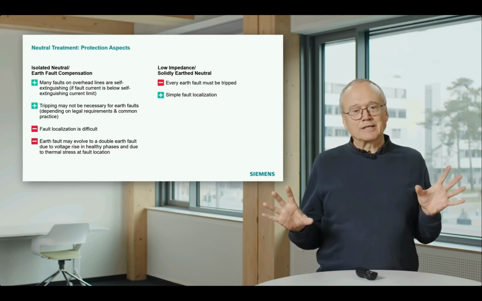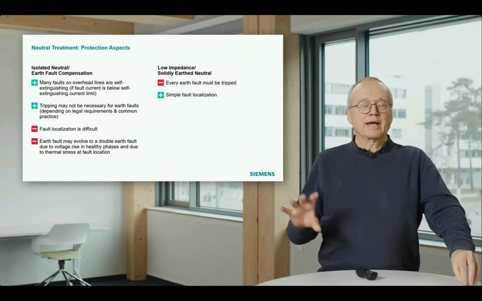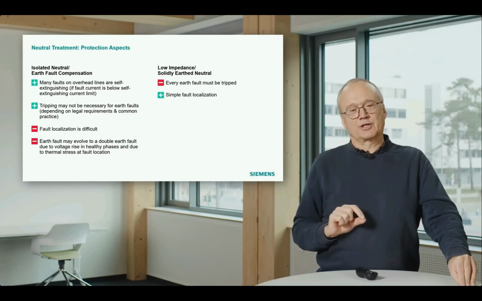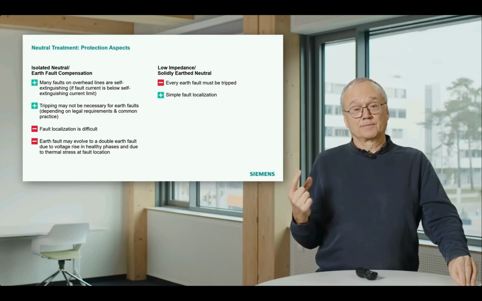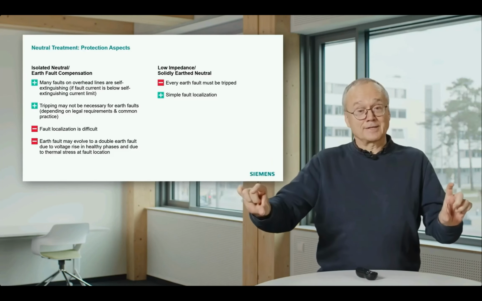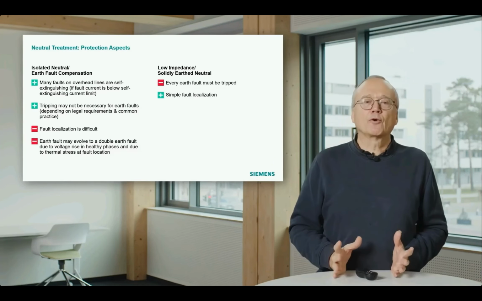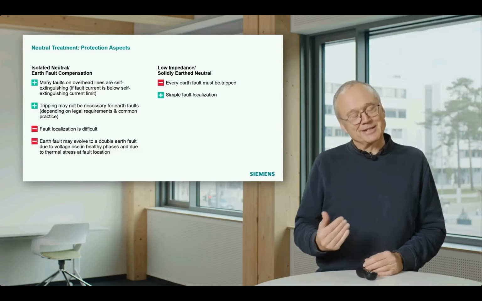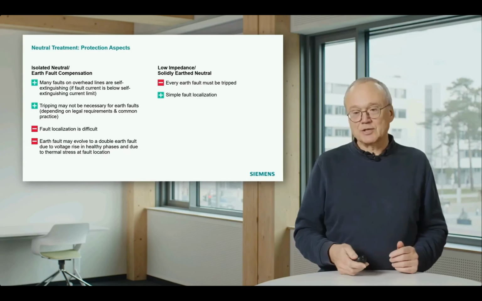And then you have a difficult situation. You have one earth fault here, and another earth fault in another phase at another location. That is then a short circuit, because if two phases are affected, you have higher currents flowing. This type of fault is called a cross-country fault, and the detection of cross-country faults is sometimes a bit of a challenge for protection engineers.